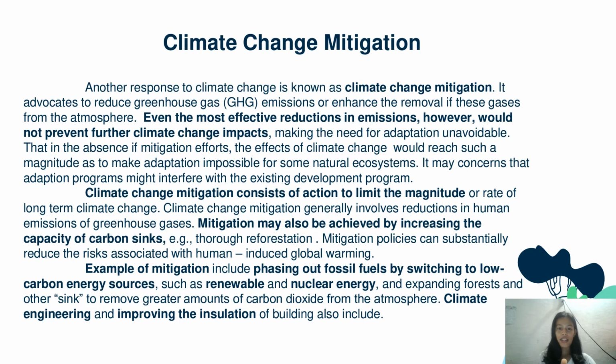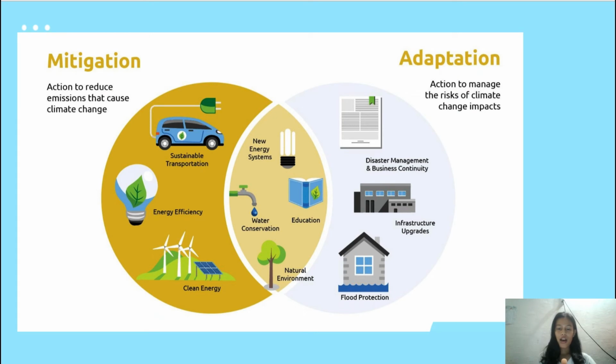So, for the next slide, naa ang mga common o differences sa mitigation o adaptation. Mitigation, so like sa gihisgotan ganina, action to reduce emissions that cause climate change. So, sustainable transportation, mga e-bike, electric car like Tesla.